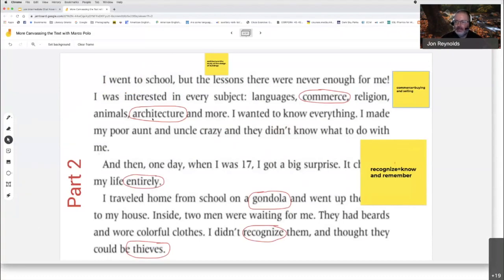Did you guys study these things in school? Languages, commerce, religion, animals? Did you study any of these things in school? Yes. What languages did you study, Lilia? French. Okay, so probably a lot of people in the group, right? Yeah, okay. I'm curious, did anybody study animals?